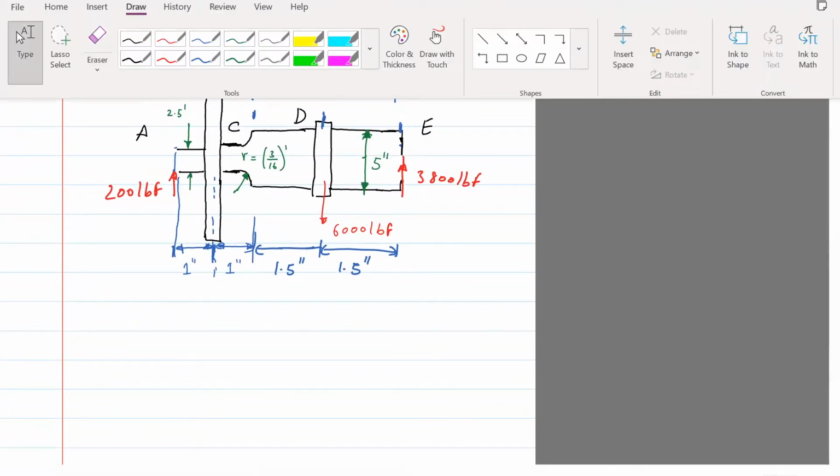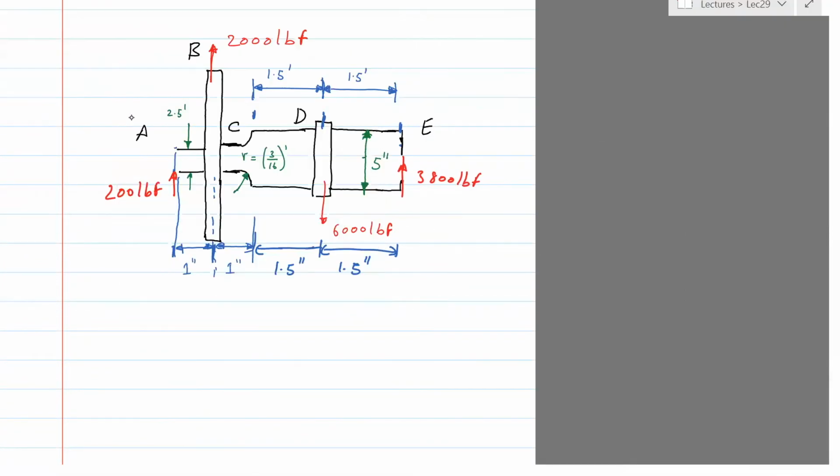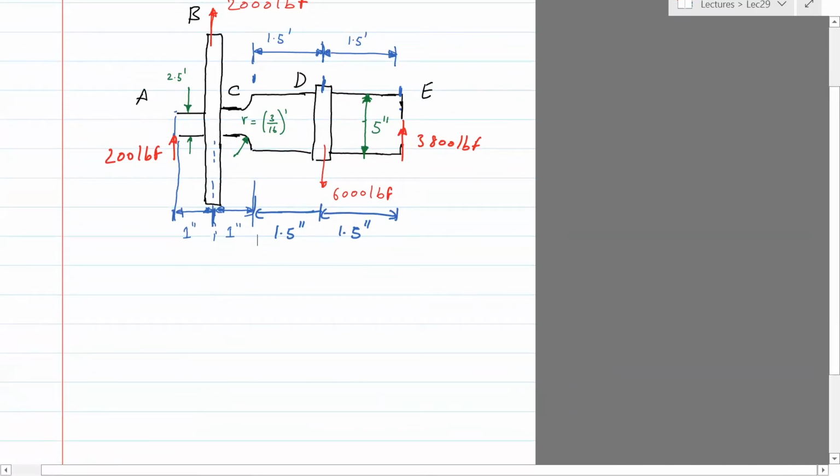Okay, so I'm going to draw the shear force diagram. It's not needed in this problem because there's no stress due to shear force, but we need it for the bending moment diagram. It will make our life easy, but it's not required if you can figure out the bending moment diagram without it.